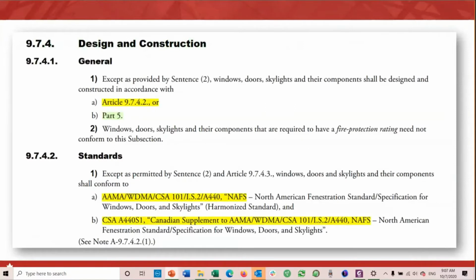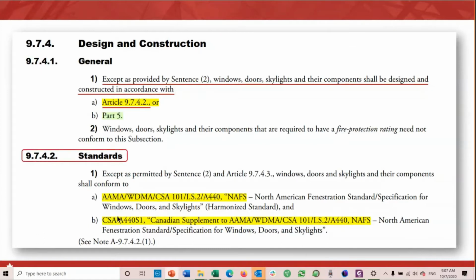And Article 9.7.4.1 tells us that except as provided by Sentence 2, windows, doors, and skylights and their components shall be designed and constructed in accordance with Article 9.7.4.2. And Article 9.7.4.2 appears immediately below. It's titled Standards, and it identifies both the NAFS standard and the Canadian supplement to NAFS.